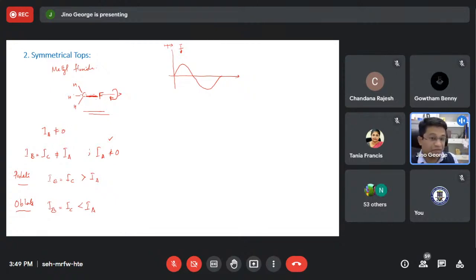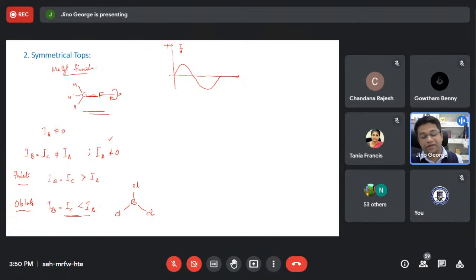So for a prolate system it's very clear, with methyl fluoride. What will be the case for an oblate system? For an oblate system, normally IB is equal to IC, which will be less than IA. I can give you a very good example: boron trichloride.